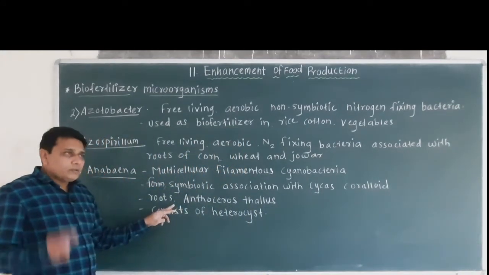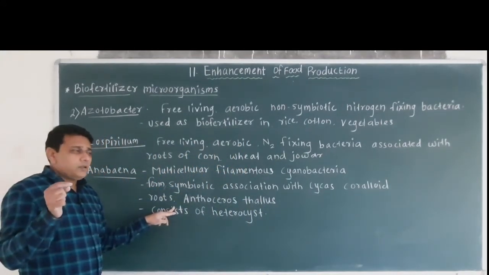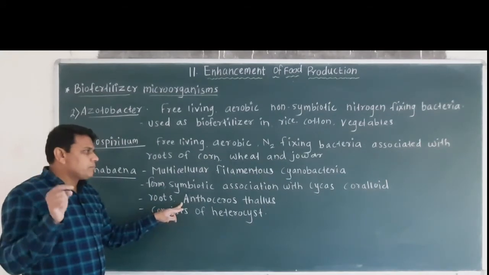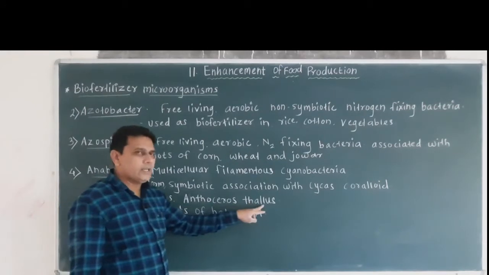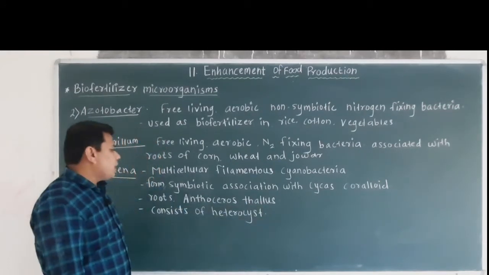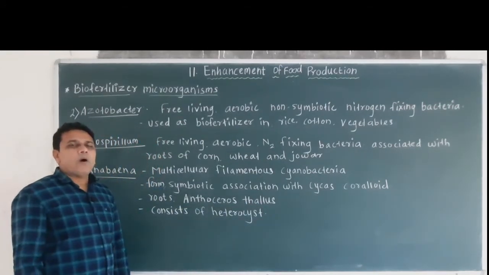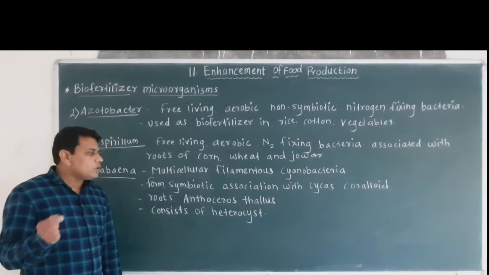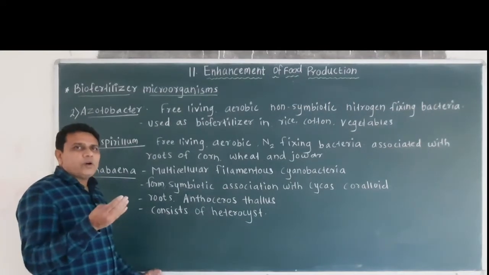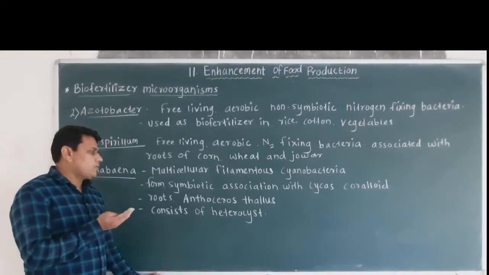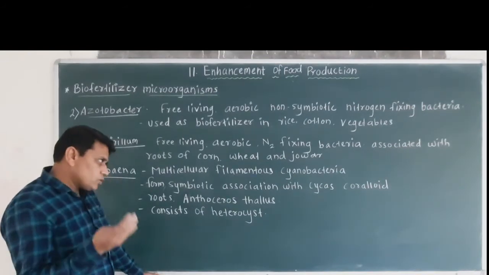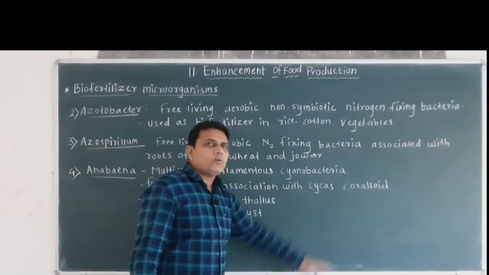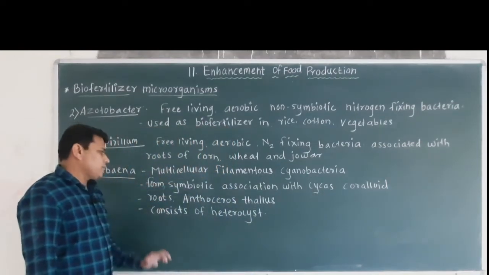Then Anabaena may form symbiotic association with the Anthoceros thallus. Now Anthoceros is a type of bryophyte. So Anabaena forms association with Anthoceros thallus, or it may form association with coralloid roots of cycas.